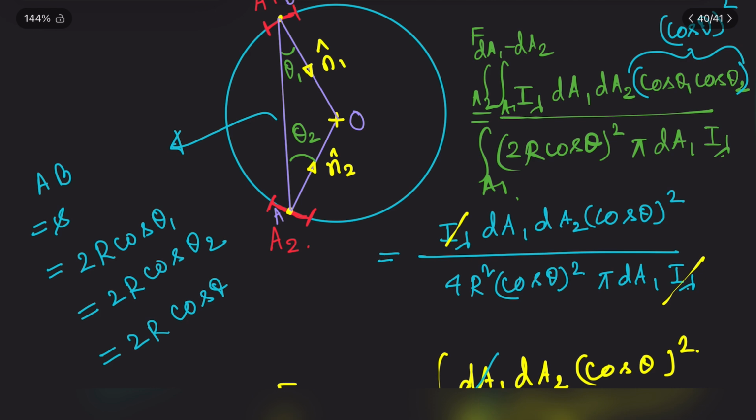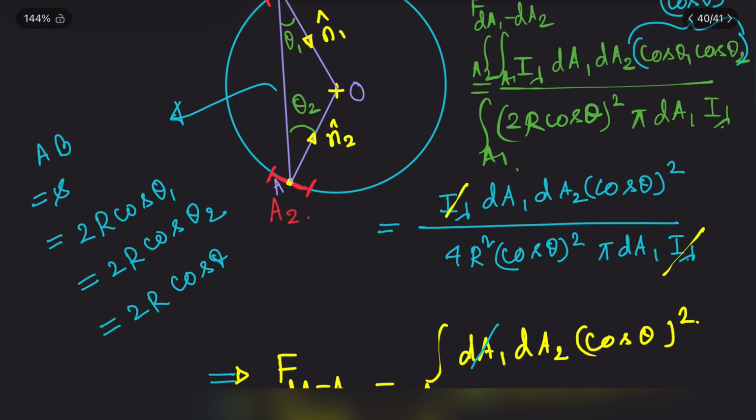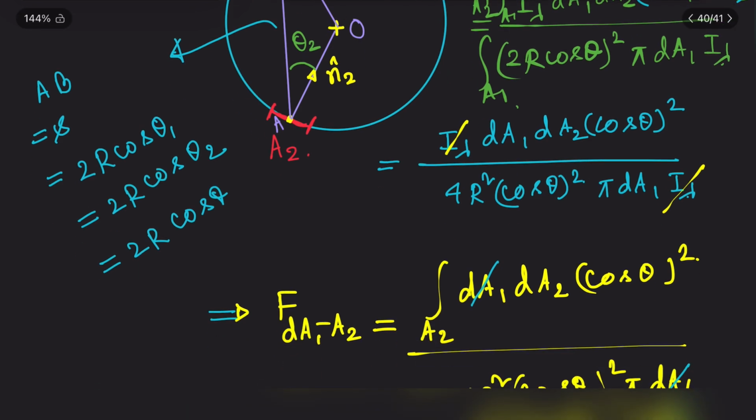And also why this cos theta square was not important in the integration, because you can take this A2 anywhere, but still this theta 1 will be equal to theta 2 will be equal to theta. So that will not change, and here I have to integrate over this area A2. These concepts are very subtle.